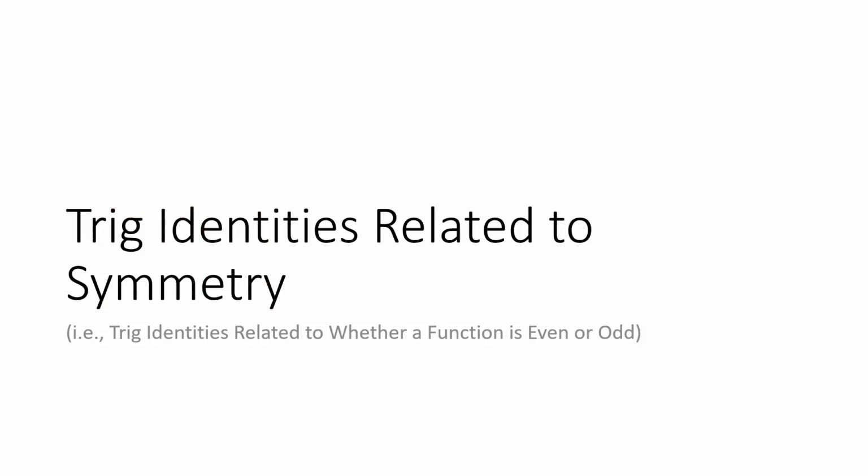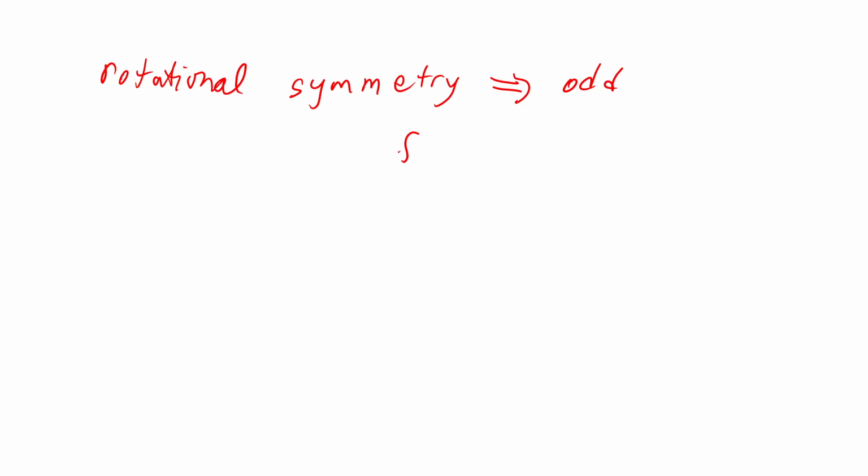Before we go too much farther, just remember that something we learned early in the course was that if a function has rotational symmetry about the origin, i.e. if we can take a function and rotate it 180 degrees around the origin, and it falls back on itself, then we call that an odd function, and it has the property that f of negative x is equal to negative f of x.